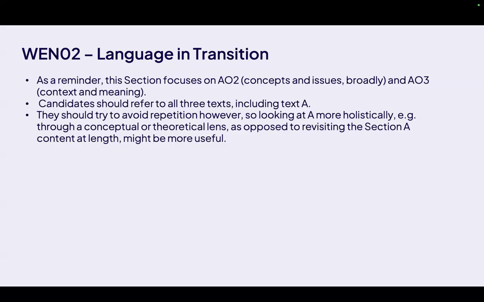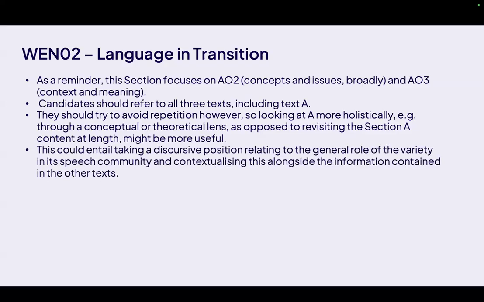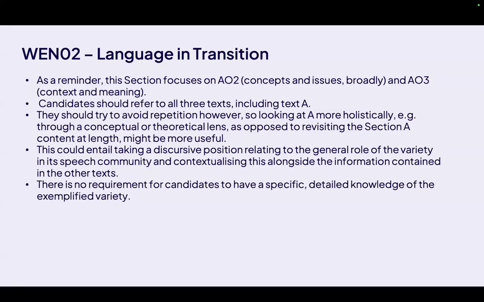Do not repeat answers that they have produced for section A. They can't get more marks for the same answer, obviously. So this could entail taking a discursive position relating to the general role of the variety in its speech community, contextualizing this alongside the information contained in other texts. So here they are using the information from all three texts.